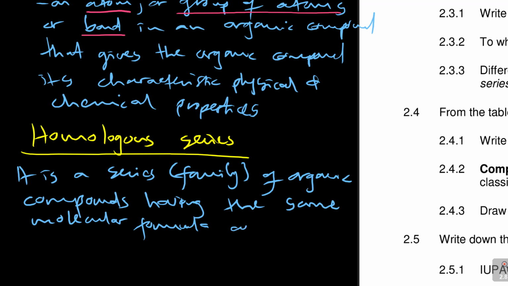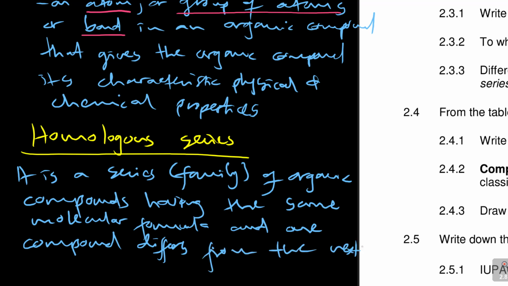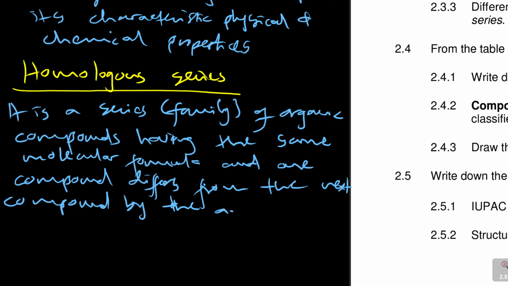And let me say it nicely and properly here: and one compound differs, that's where usually they want to check, differs from the next compound by the addition of the CH2 group.